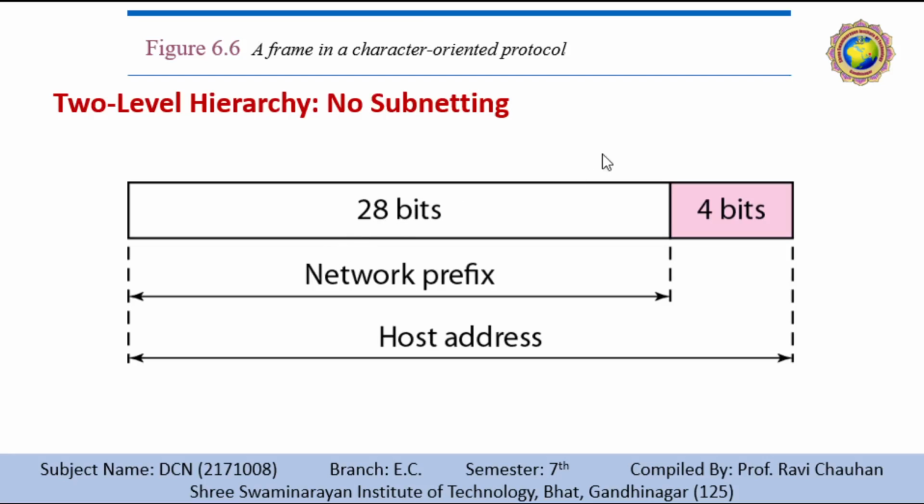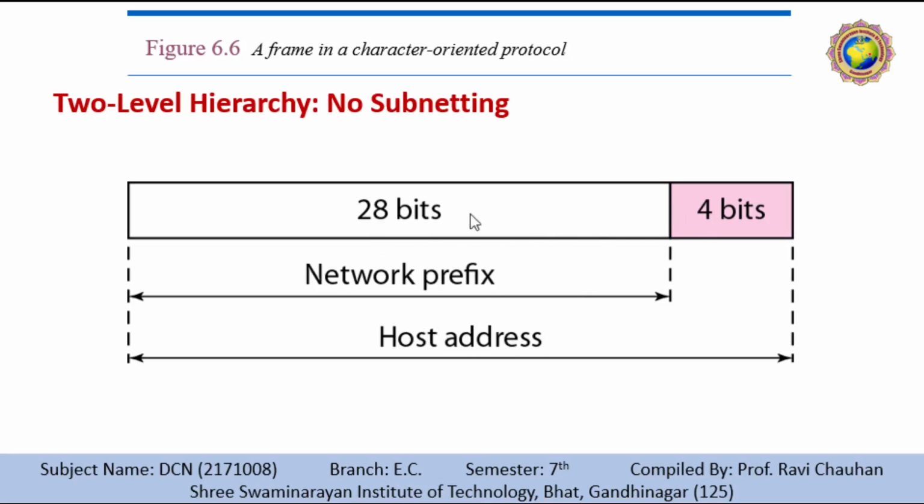The 32 minus n rightmost bits define a particular host, computer or router, in the network. The 2 common terms are prefix and suffix. The part of the address that defines the network is called the prefix.